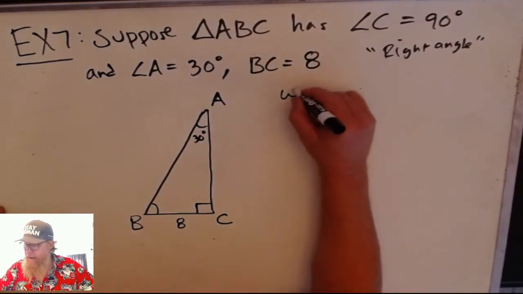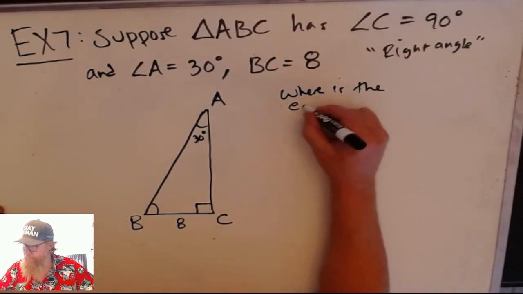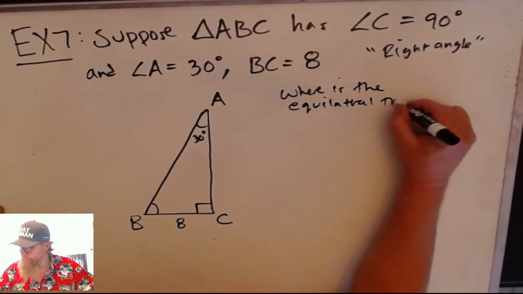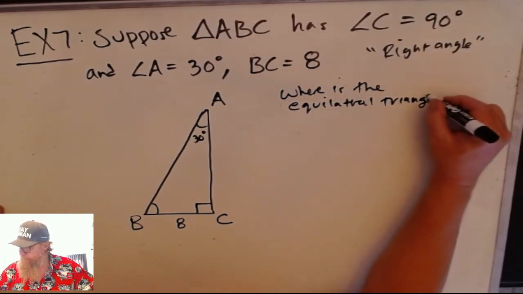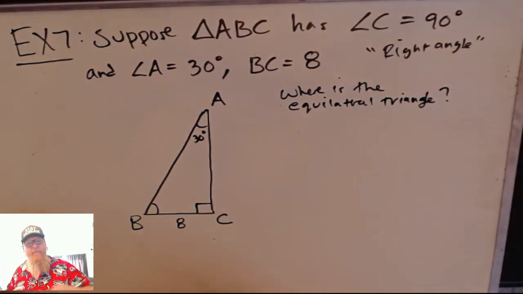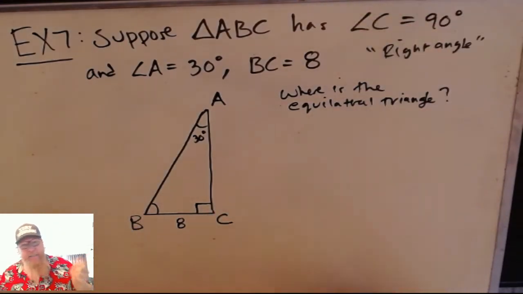So where is the equilateral triangle? Can you see it? Right, remember, an equilateral triangle is not a right triangle, and in order to use the Pythagorean theorem, you have to have a right triangle. So I have to give you a 90 degrees somewhere.